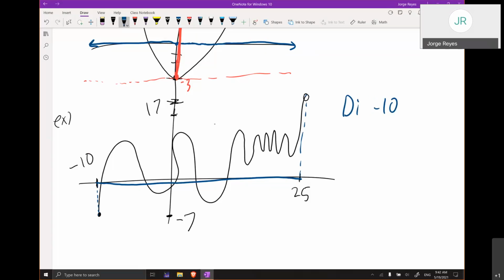So the domain would be -10 bracket 25. And the range would be -7 parentheses 25. Sorry, excuse me. Because I'm not actually allowed to be this. This is a hole.